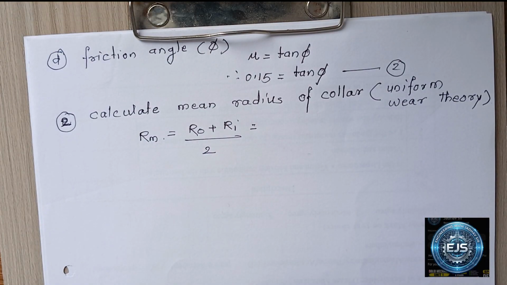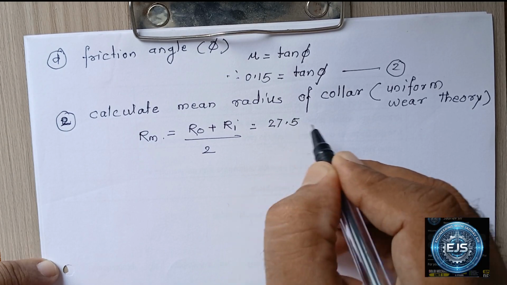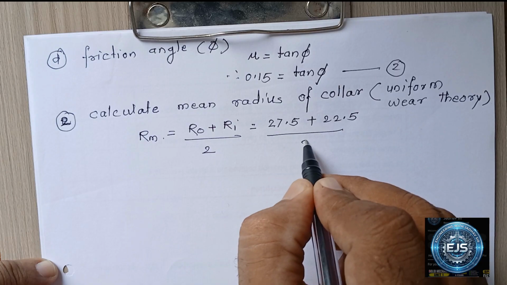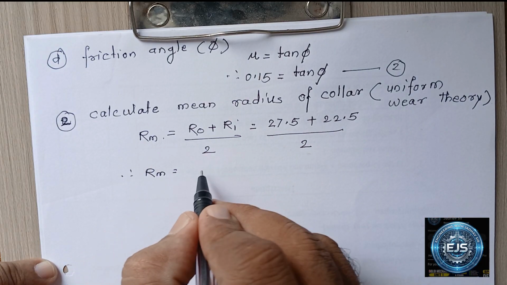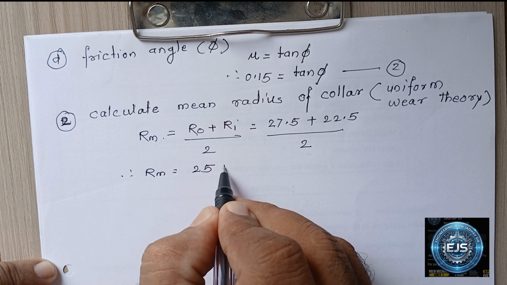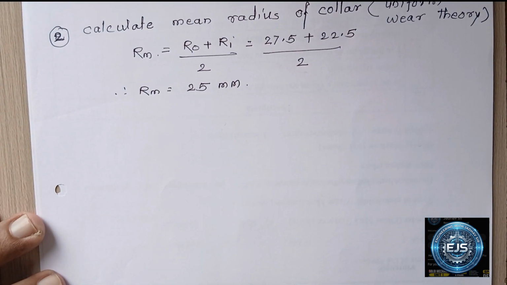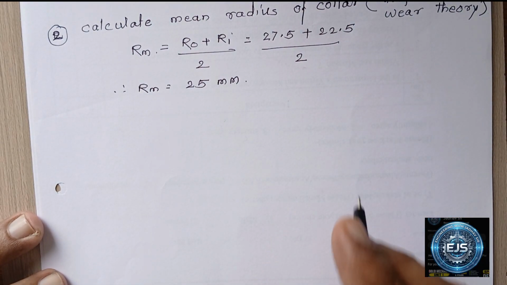So 27.5 plus 22.5 divided by 2. So mean radius of the collar Rm is equal to 25 mm, as per uniform wear theory.